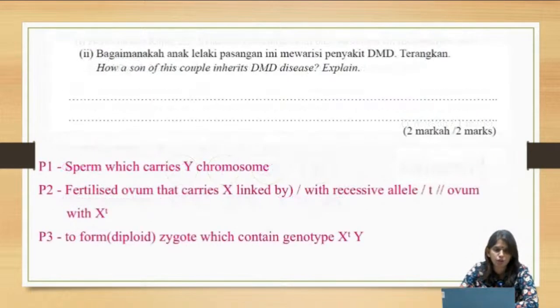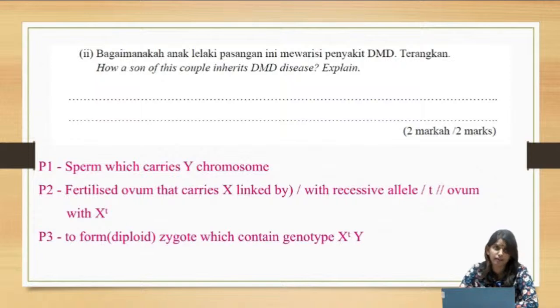Over here, this question assesses the students by asking how a son of this couple inherits DMD disease, and they ask you to explain. 2 marks are given for this.